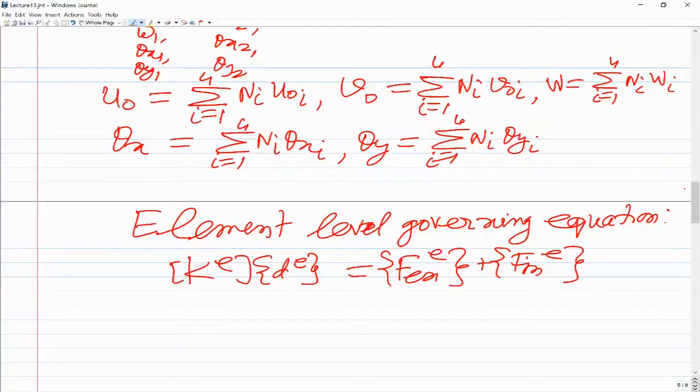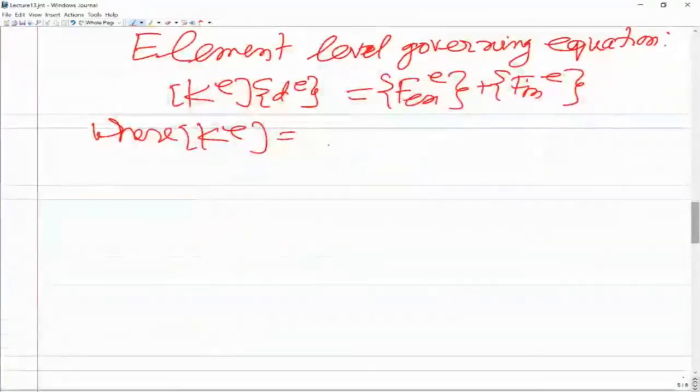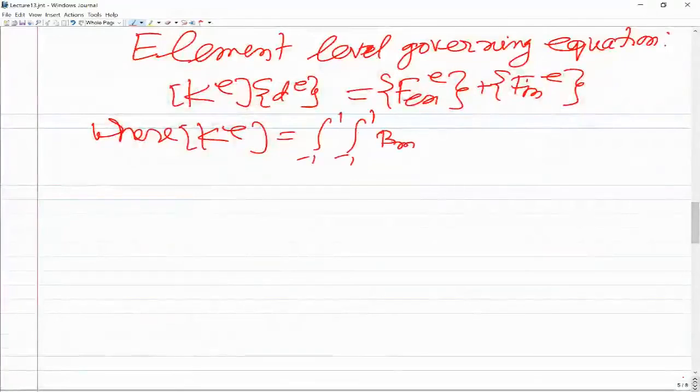So for example, let me write just ke. Of course, finally you will evaluate the integration using numerical integration, but let me write it in terms of continuous integration. So -1 to +1, and let us say Bm is the matrix relating the membrane strain and the corresponding degrees of freedom.